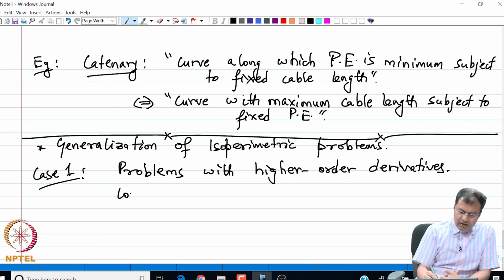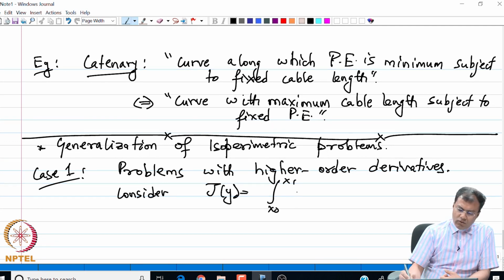Consider J of y equal to the integral from x0 to x1 of f of x, y, y prime, y double prime dx.